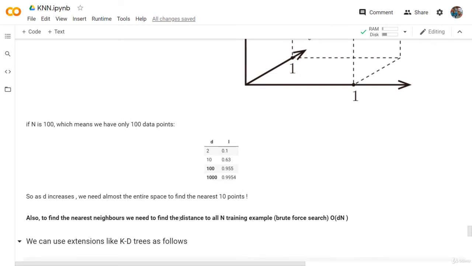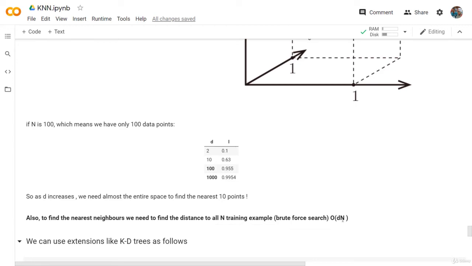Also, to find the k nearest neighbors, we need to find the distance to all n training examples. This is brute force search, and this O is the complexity of the algorithm, a standard we use to know how much time the algorithm will take on any machine.